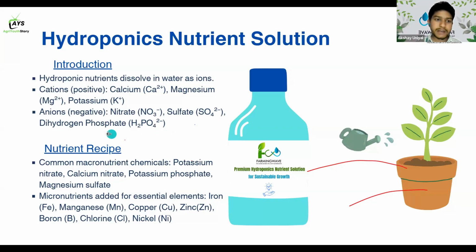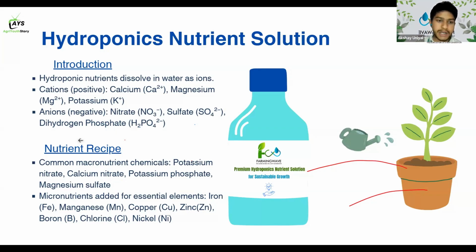Now coming to this, we have these nutrient recipes. I told you these will be water soluble nutrients that we will use in the hydroponic solutions. This determines the kind of availability we want for the nutrients. These have to be readily available to the plants in the form of ions.